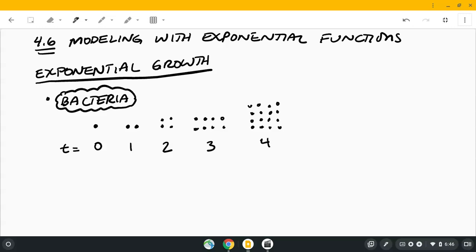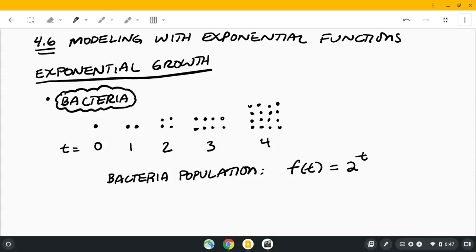So here we can see how the bacteria population is growing exponentially, and the population growth happening here could be modeled with the function f of t equals 2 to the t.